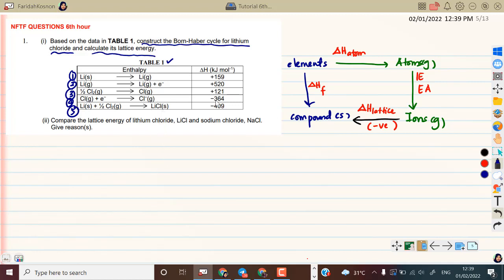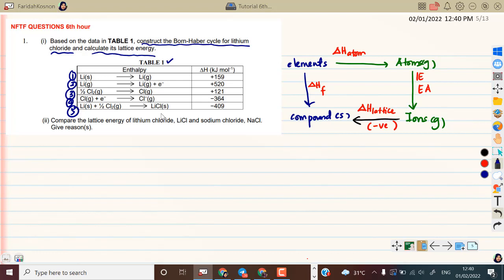Tapi daripada equation 1 sampai equation 5 tu, yang mana mewakili enthalpy of atomization. Okay, yang mana mewakili enthalpy of formation. Yang mana mewakili enthalpy of ionization energy ataupun electron affinity. Sebagai student memang kena tahulah, saya dah sebut kan, kalau kat sini tak kenal equation ataupun tak boleh tulis equation memang akan menghadapi masalah yang besar.